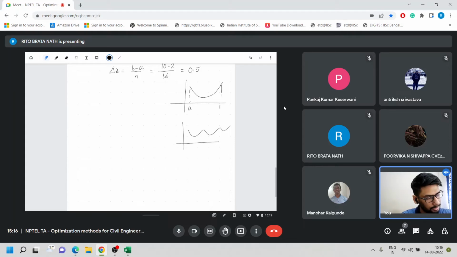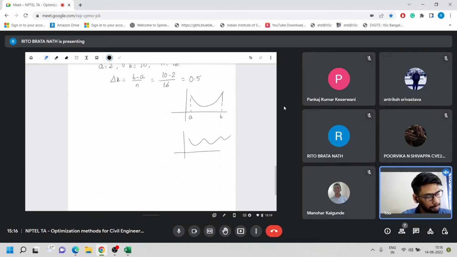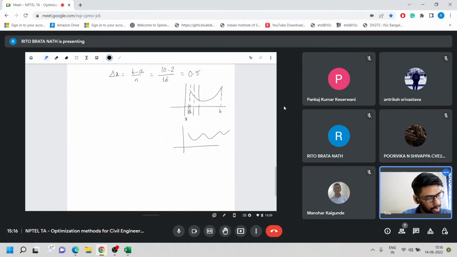So now I have defined this interval. This is A, this is B, and I have taken some delta x. So what we can do is start from here, take it as say x1, this is x2, this is x3, and all of this is delta x.